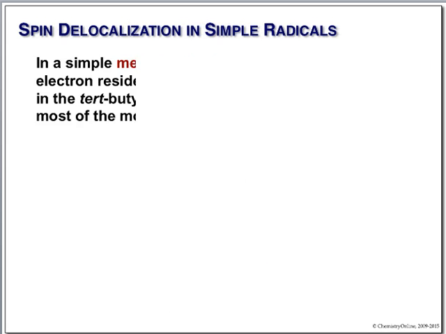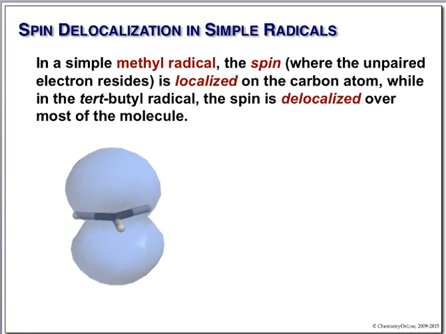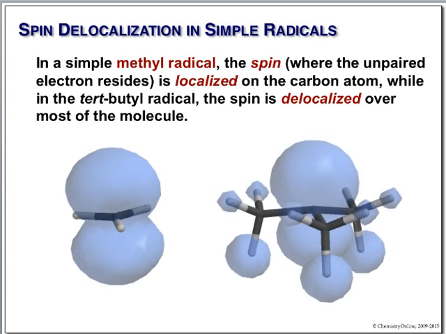Let's look at a couple radicals. This is the methyl radical. This is what's called a calculated spin density. The lone electron has the property of spin, and you can calculate where this electron resides in a given molecule.